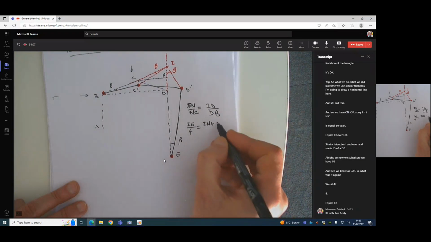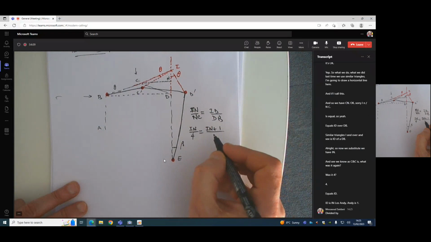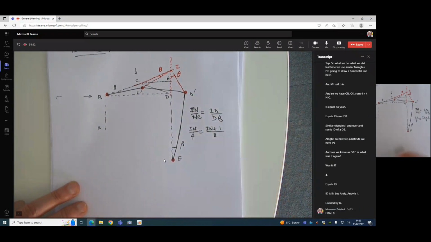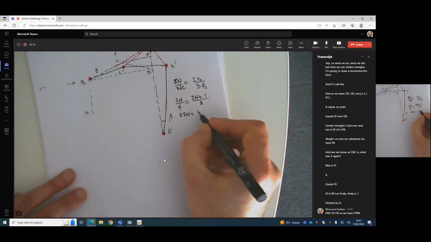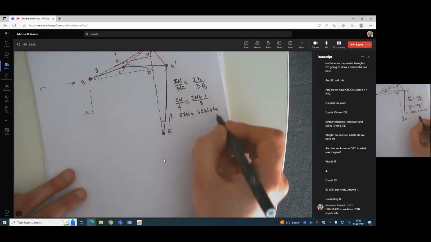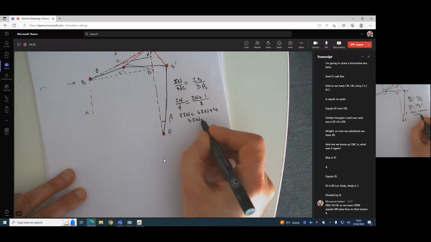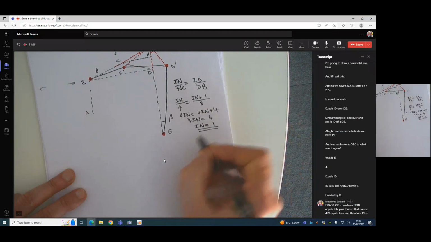ND is 1. DB is 8. Okay. So we have 8 IN equals 4 IN plus 4. So that means 4 IN equals 4, and therefore IN is 1.